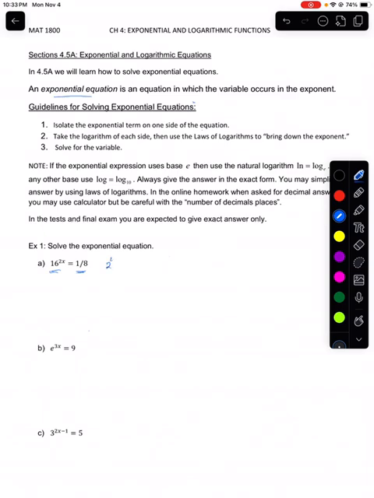So this can be written as 2 to the 4 whole raised to the power 2x equals, and 8 remember is 2 cubed, so 1 over 8 will be 2 to the negative 3.